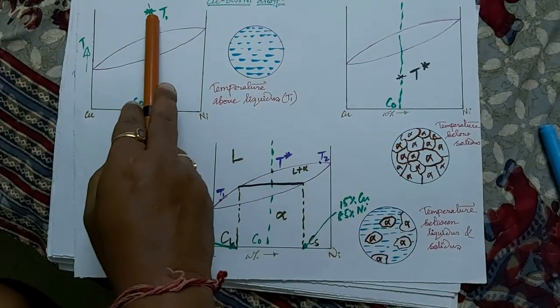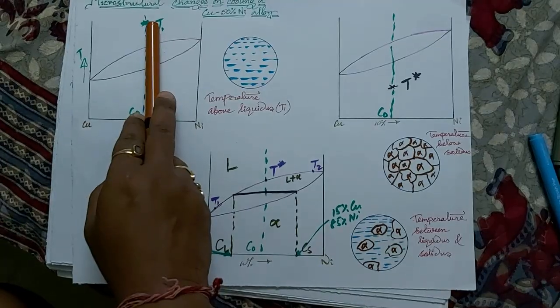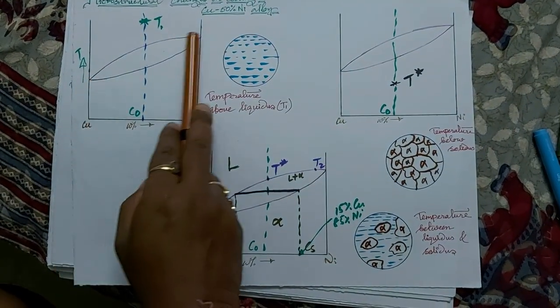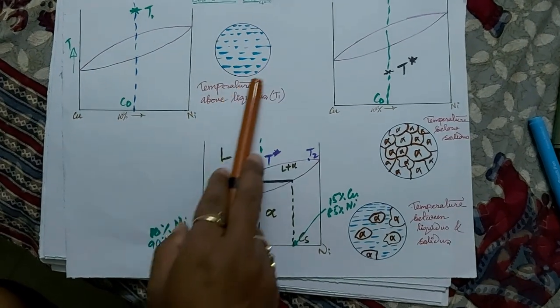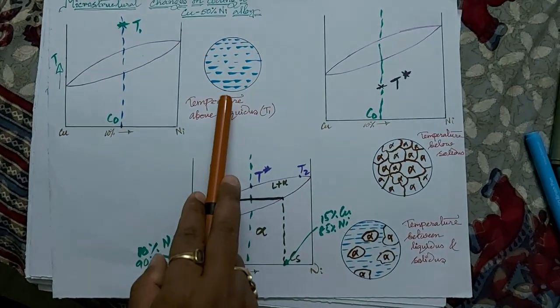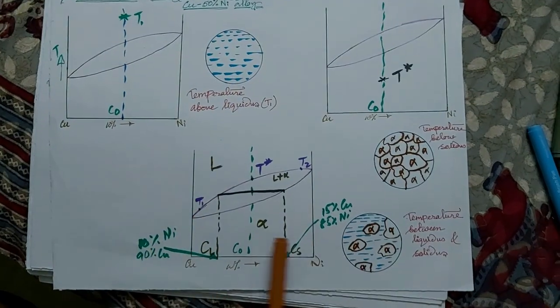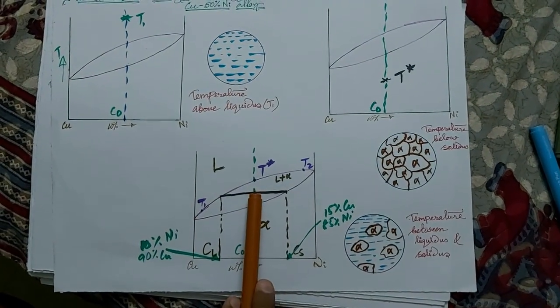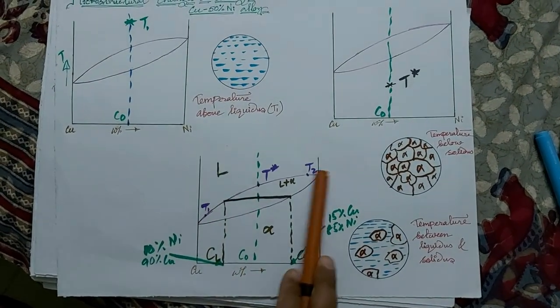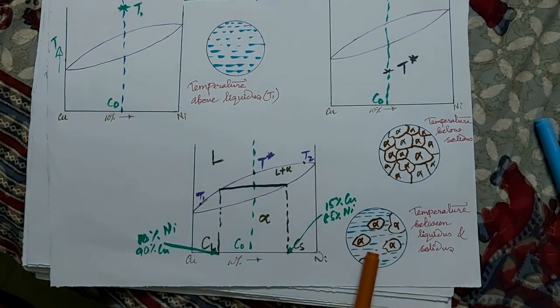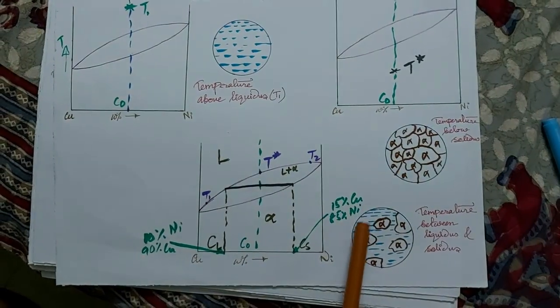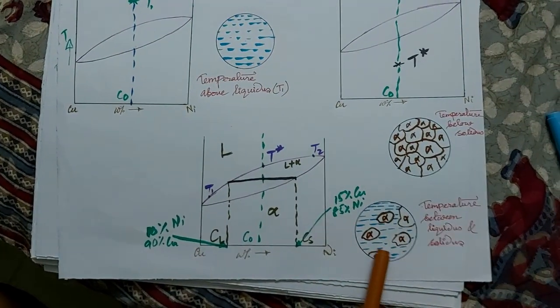If we take this point where the temperature is above this liquidus line, the microstructure will consist of all liquid phase, and it will be like this. And if we take a point in between this liquidus and solidus line, the microstructure will be like this, which consists of liquid phase as well as solid phase.